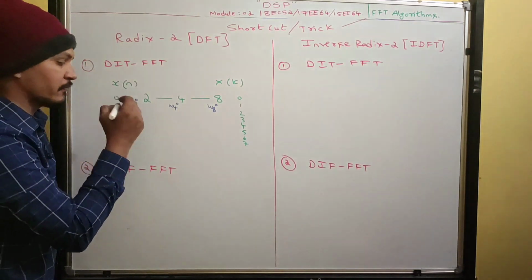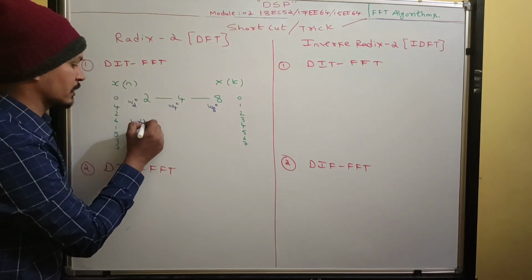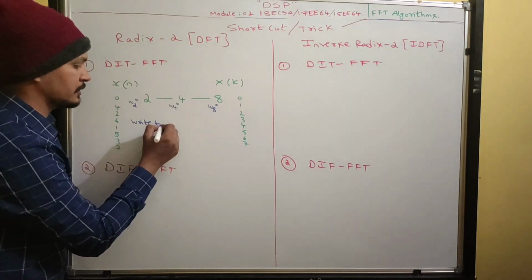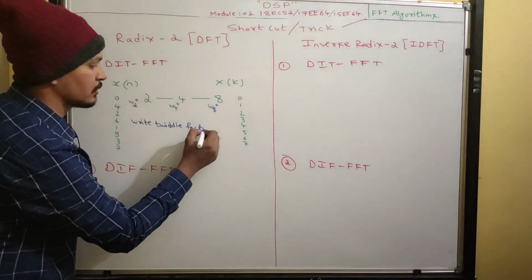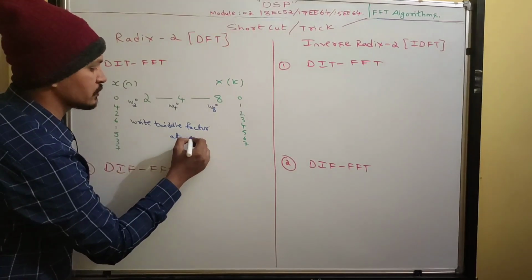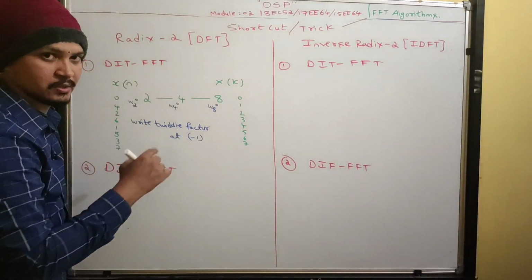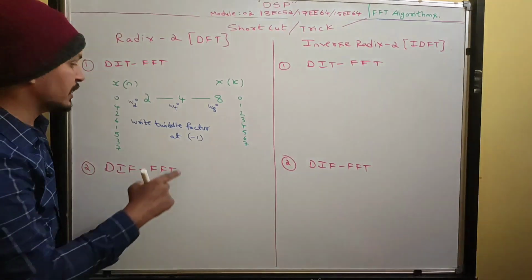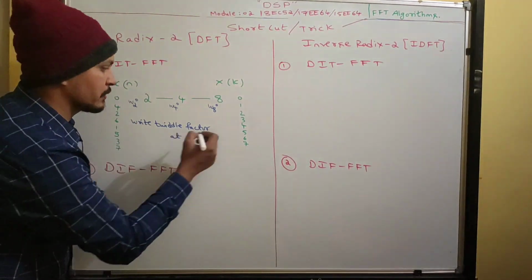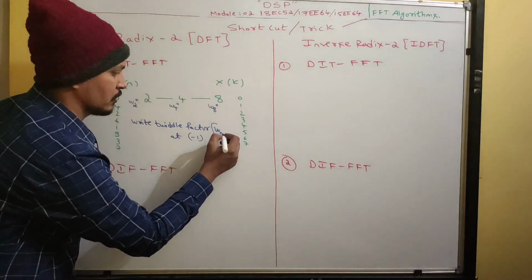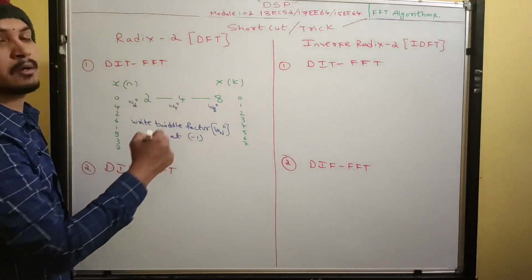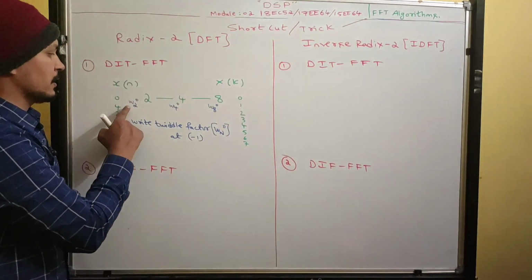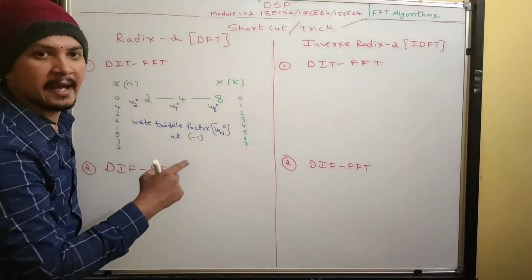Where are you writing this twiddle factor? At the minus 1 line. In the lines where you have written no minus 1, there you write the twiddle factor. The twiddle factor is nothing but omega n power kn, some power. Here you write the 4-point, there you write the 8-point.